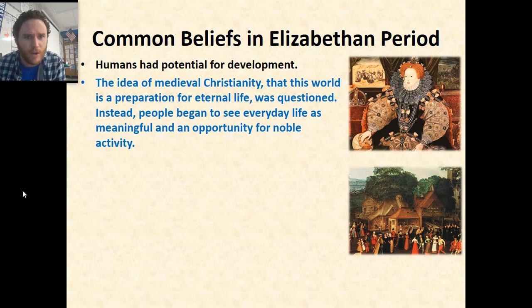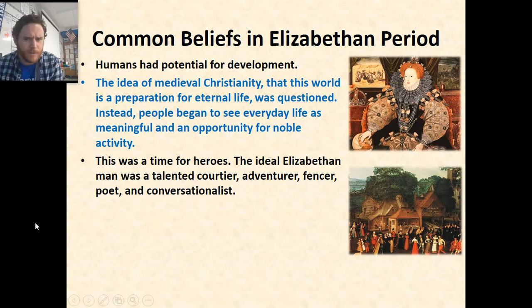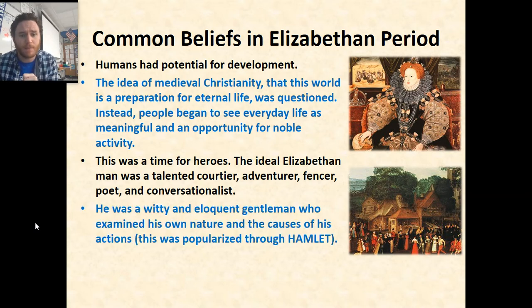She was a radical, transformative figure in British history, and her influence across Europe and the world is hard to match. So, this was a time for heroes. The ideal Elizabethan man was a courtier, a talented adventurer, a fencer, a poet, a conversationalist. This Renaissance man is what you were expected to be if you were educated and you had the means.